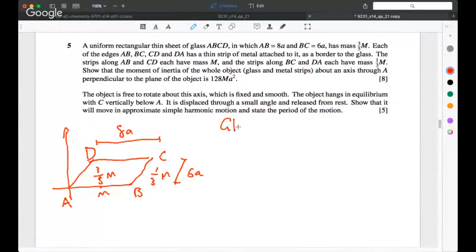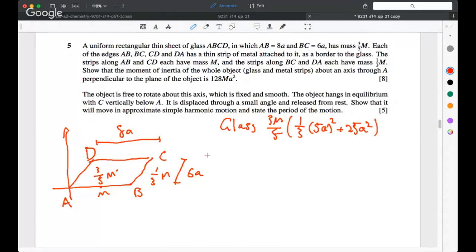So for glass, we have m, which is 3m over 5, times a third 5a squared, which is just from the formula booklet, plus 25a squared, which is the distance between the center of mass of the glass and A, which can be worked out using Pythagoras.